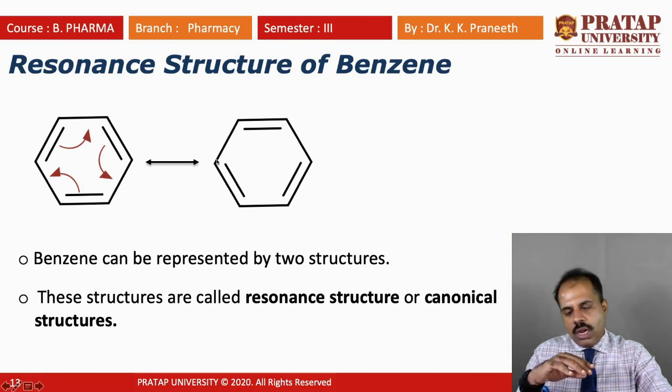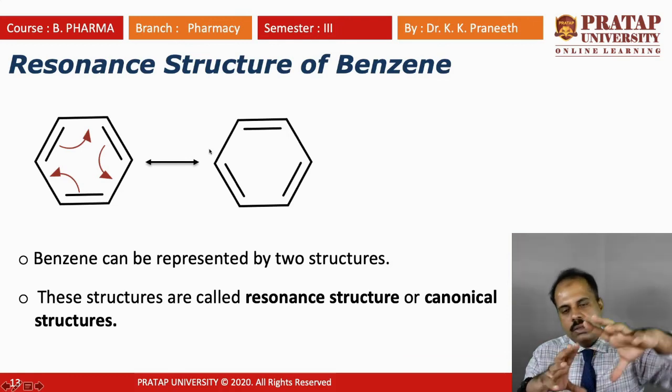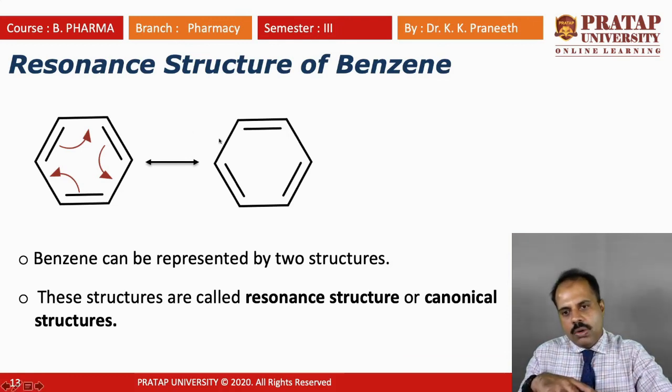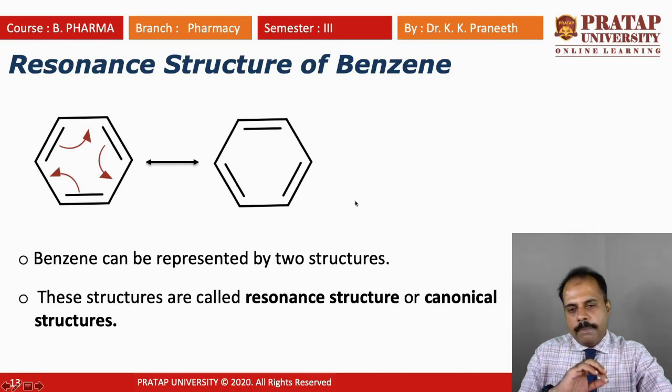If you check the bond length between carbon 1 and carbon 2, for example, the bond length will be the same because these electrons are circulating. So all the carbon-carbon bond lengths are the same because of this movement of the pi electrons or the double bonds. So this is called a resonance structure because the two structures have the same energy.